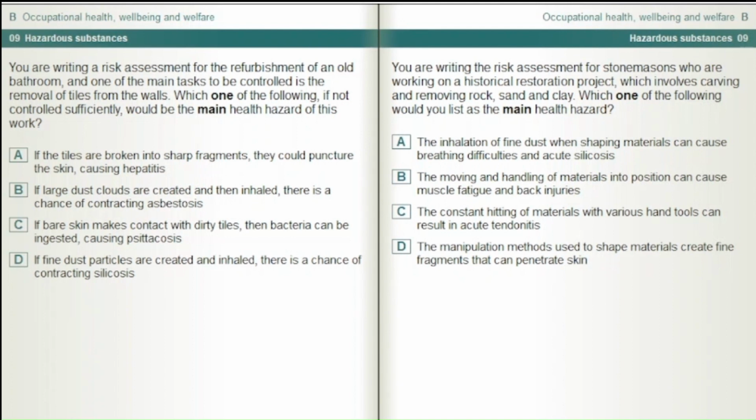The moving and handling of materials into position can cause muscle fatigue and back injuries. The constant hitting of materials with various hand tools can result in acute tendinitis. The manipulation methods used to shape materials create fine fragments that can penetrate skin.